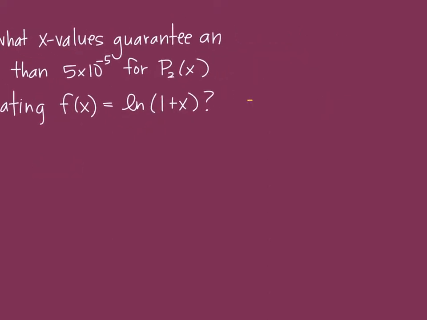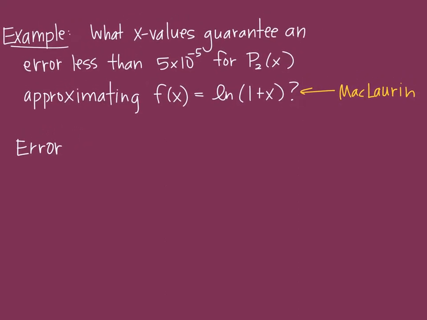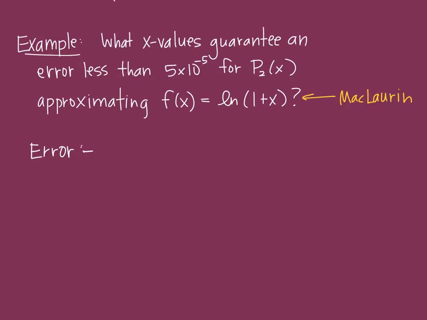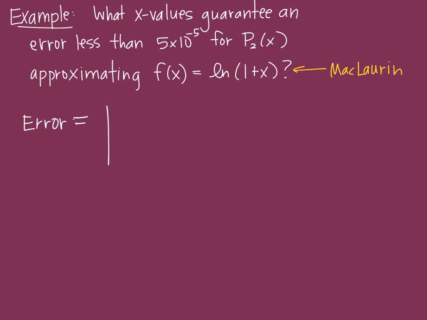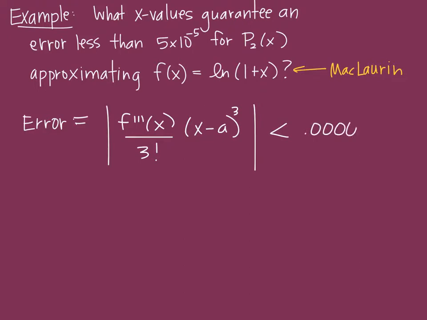Great. So our definition of error is the absolute value of, well, what derivative do we need to use if we were going out to order 2? We need the order 3 derivative divided by 3 factorial times x minus a to the third. And we would like that to be less than 0.00005.